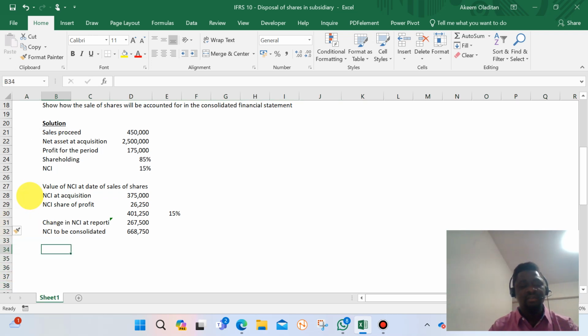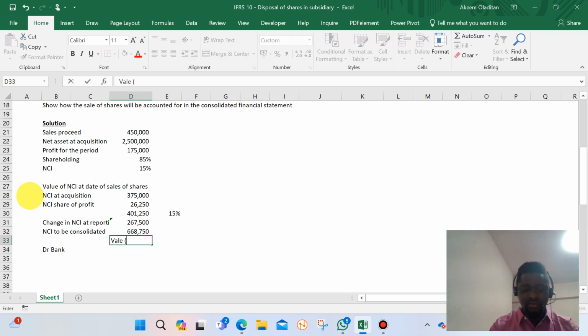We now say when we sell, we debit bank because proceeds of sale have come to the group company.